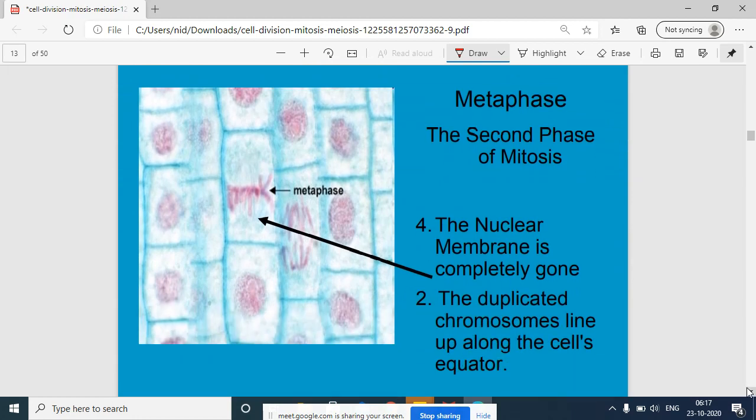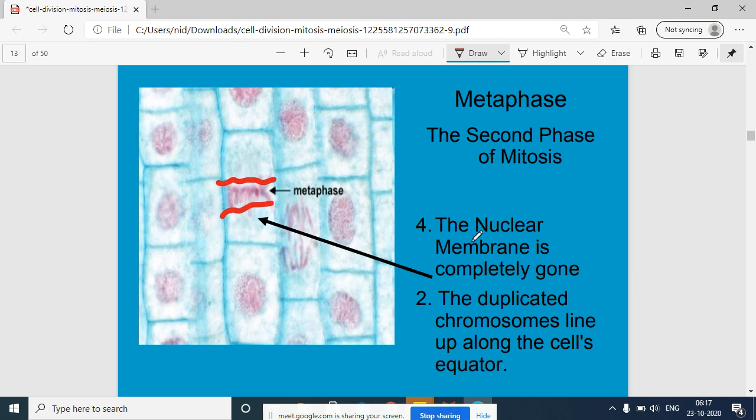Next is metaphase. So what happens in metaphase? The nuclear membrane is not there, it's gone, and then the chromosomes are set on the equator, the center part. You'll all see them oriented in the middle.